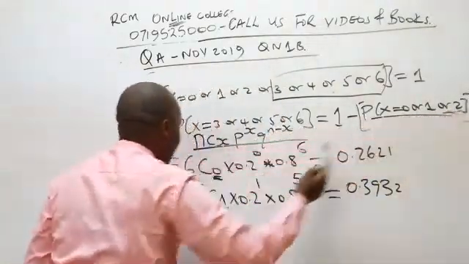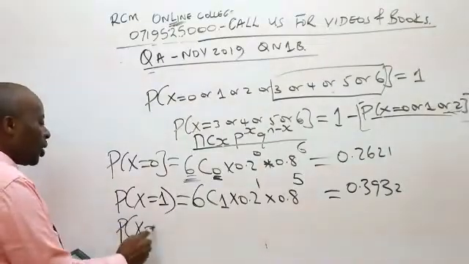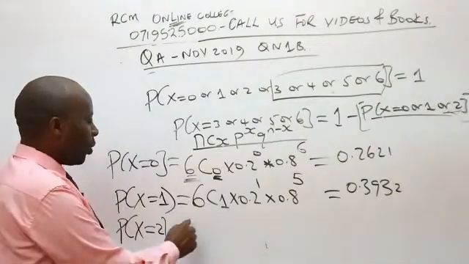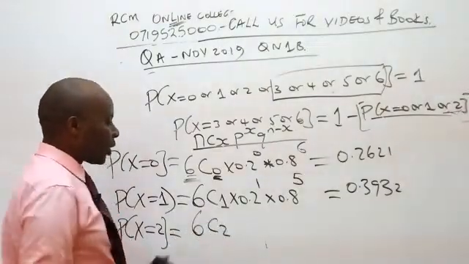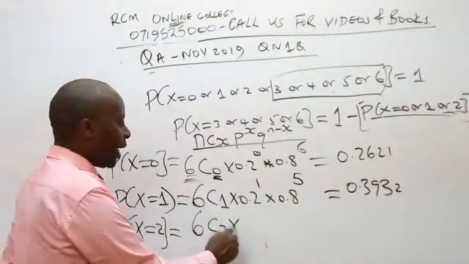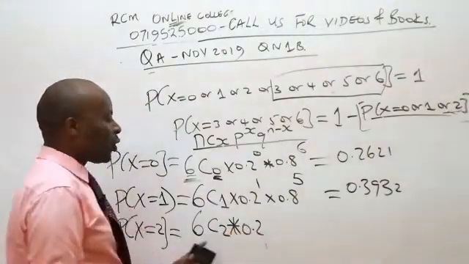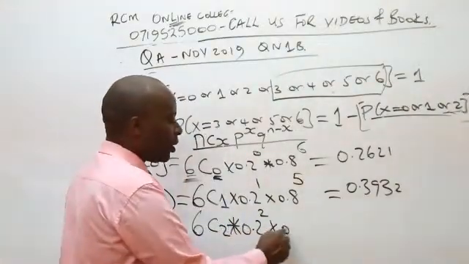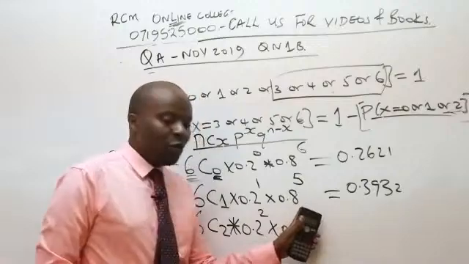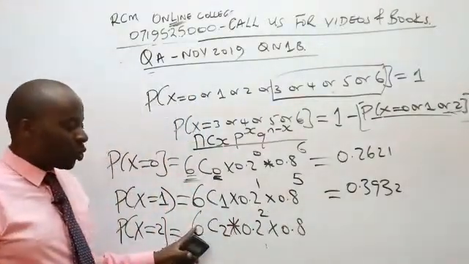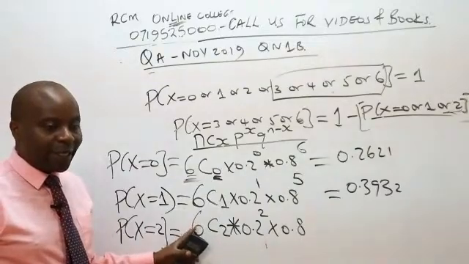From there, ladies and gentlemen, we have the last event. The last event is the probability of X being equal to 2. The probability of X being equal to 2 will go like this: 6 combinations X, where our X is 2. So 6 combinations 2 times 0.2 raised to power X, where our X is 2, times 0.8 raised to our new power here. Remember the fact that the two powers must always total to 6 here, must always total to the n that is here.